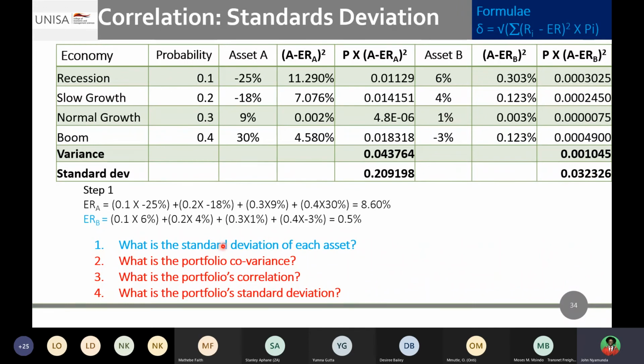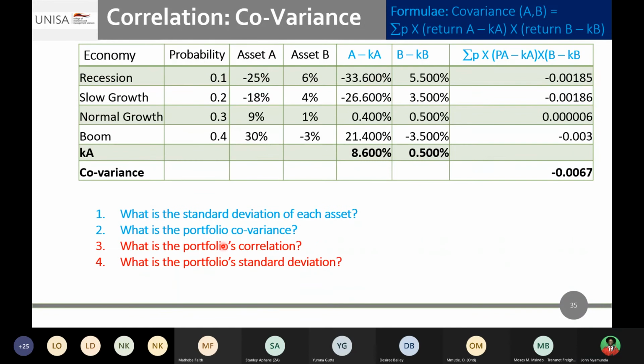So if we say portfolio covariance, ladies and gentlemen, remember the formula is at the top there in case you are not seeing it. The formula for covariance is equal to P times return A minus KA times return B minus KB.